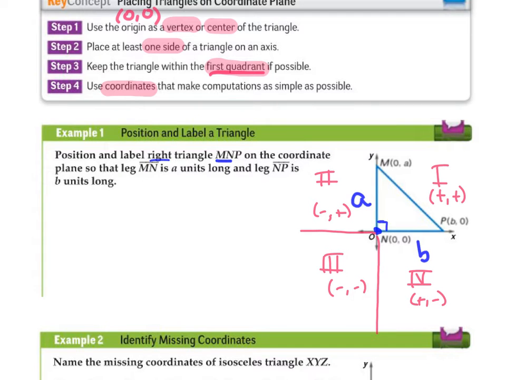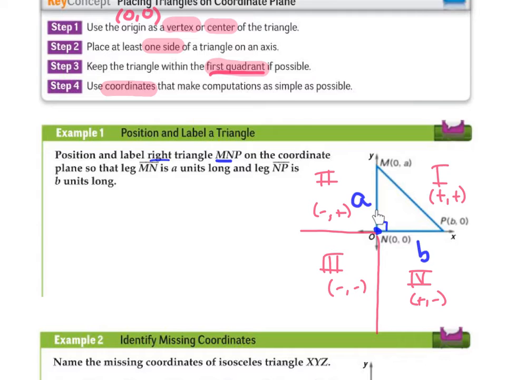So since we have M here on the y-axis, our x-coordinate is 0, because remember, anytime you have something along the y-axis, your x-coordinate is 0. We have our y-coordinate as A because, again, we wanted to have this side be A units long.